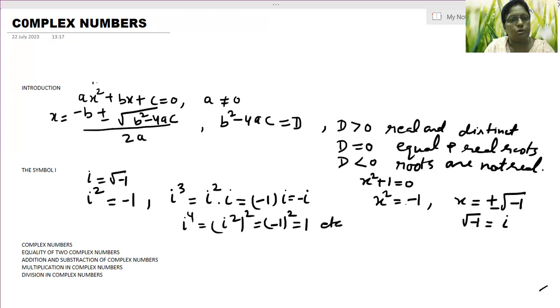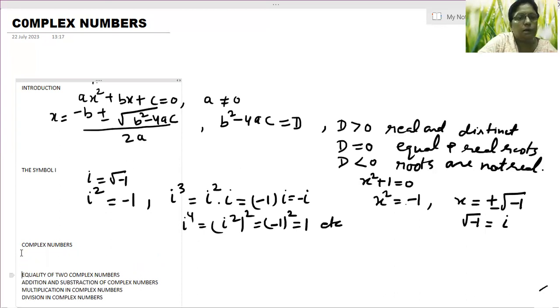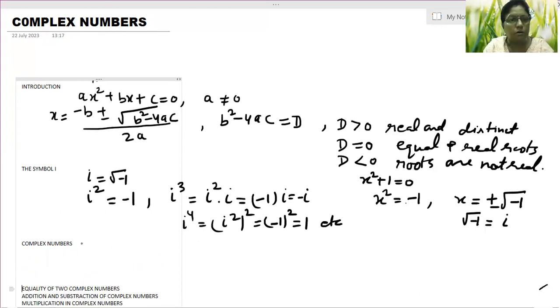Okay. So now we will move towards the number which includes i. Okay. Now let me introduce complex number.